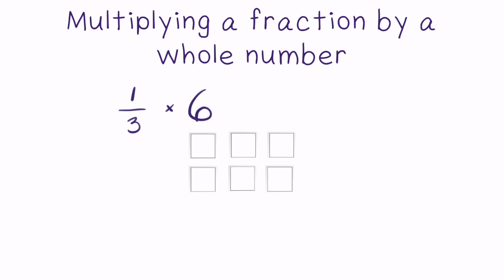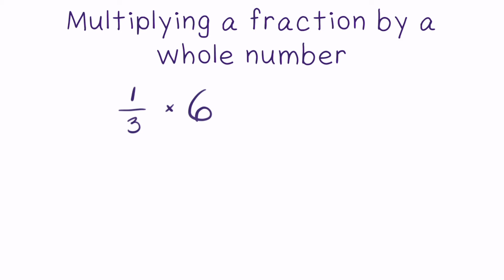In this particular case, this problem represents a number of wholes, 6 wholes, that can actually be broken up into 3 equal parts. If I think about my group of 6 wholes being split up into 1, 2, 3 equal parts, you'll see that 1/3 of 6 wholes is equal to 2 wholes.